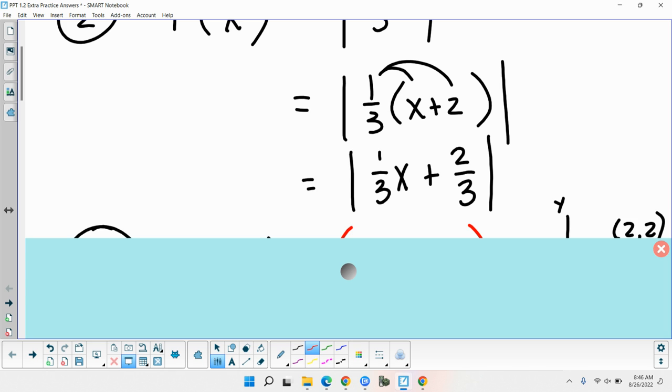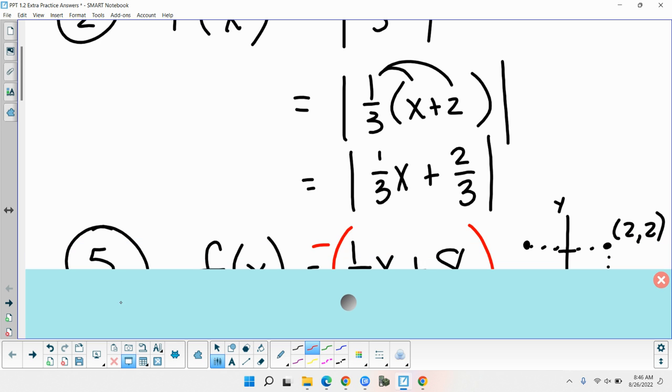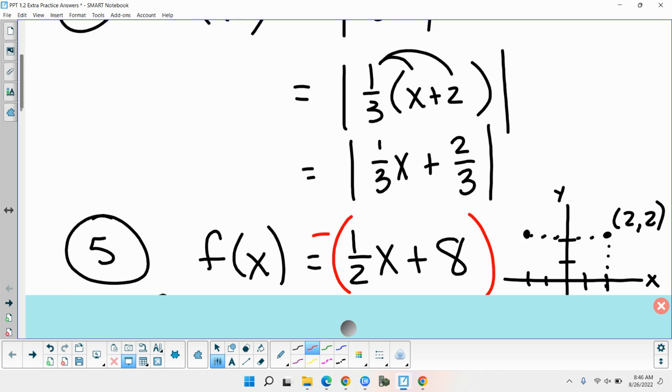Number 3 and 4, we got up and down. That's the y. And remember, we can write these as y equals. So whatever's on the right side of the equation or the function is our y. So we just add or subtract right on the end of it for translations up or down.